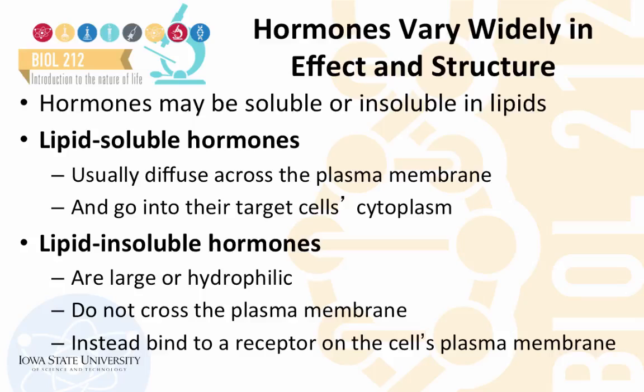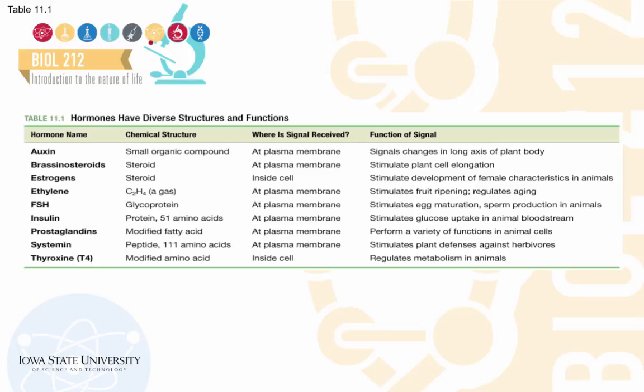Lipid-insoluble hormones, on the other hand, are large or hydrophilic, making them unable to cross the plasma membrane. Instead, they bind to a receptor on the cell's plasma membrane, which allows them to transmit the signal to the interior of the cell.